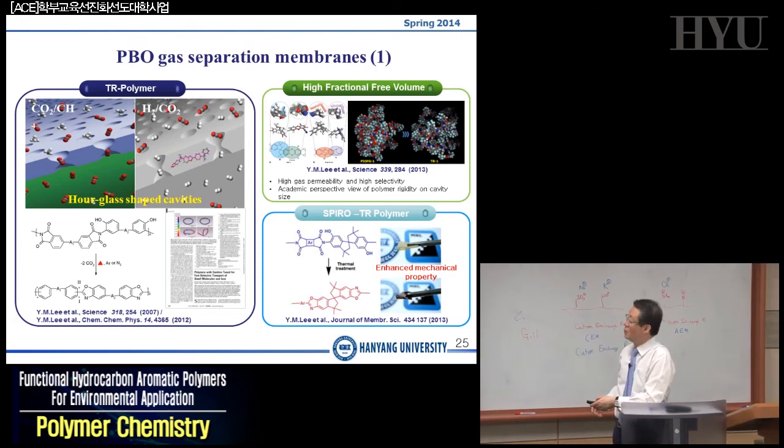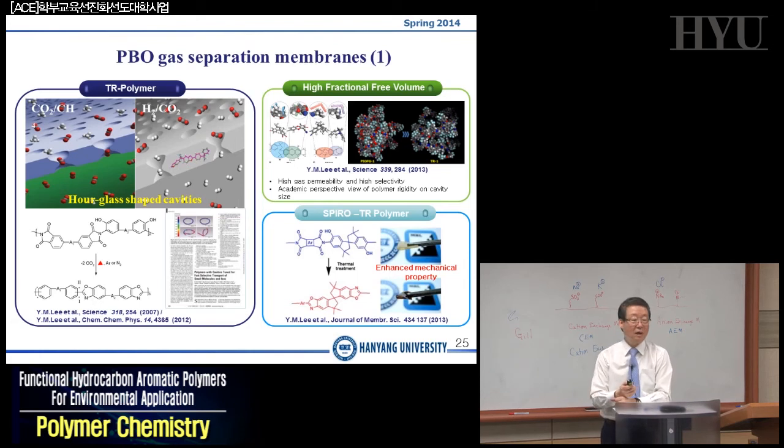Now, I told you that Hanyang University is the mecca of TL polymer, and we have published so far about 20 papers over the last 4 years about this TL polymer, and people in the world are following our TL concept. Including our papers, about 50 or 55 papers were published so far in the last 3 or 4 years.